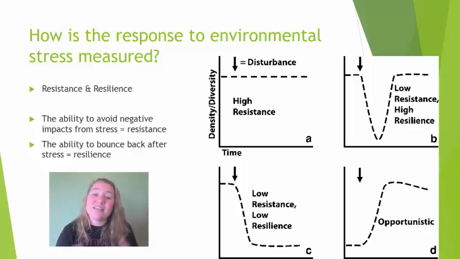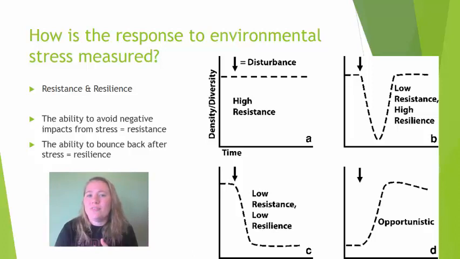Resilience, on the other hand, is the ability to bounce back after a change or a stress has happened. That is demonstrated in graphs B and C. Let's look at graph B first, in the top right corner. In that instance, that particular population has very low resistance but very high resilience.